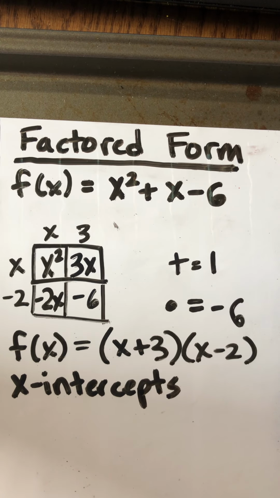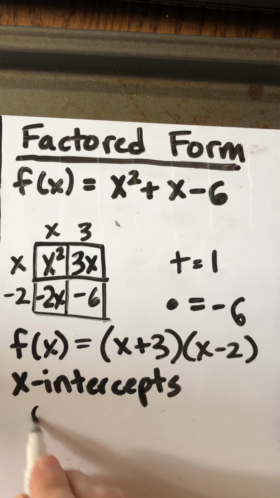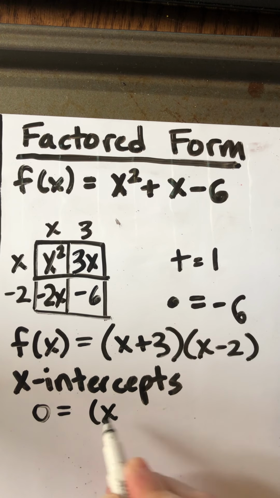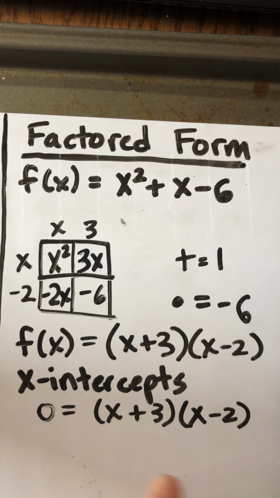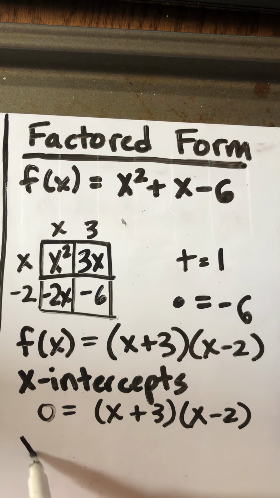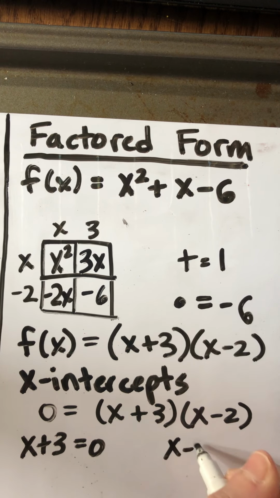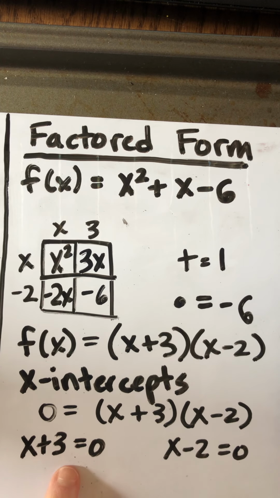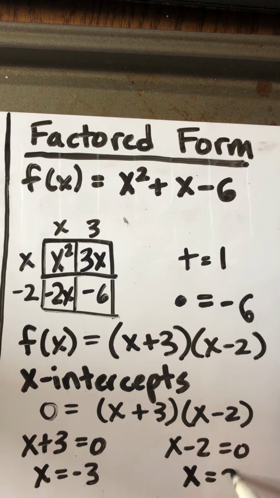And the x-intercepts are going to be located where the y-coordinate equals 0. So we're looking for where f of x equals 0. If x plus 3 times x minus 2 equals 0, then either x plus 3 equals 0 or x minus 2 equals 0. X plus 3 is going to equal 0 where x equals negative 3, and x minus 2 is going to equal 0 where x equals positive 2.